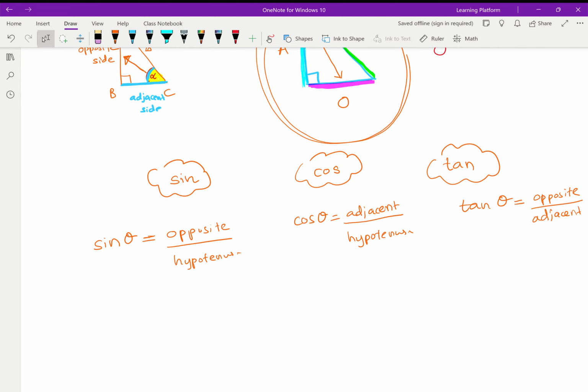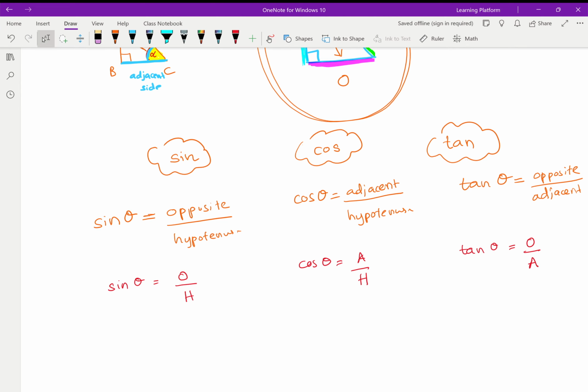Okay, so I will write it like this. Sin theta is O over H. Cos theta is A over H. Tan theta is O over A. So in your book or in your school you might have learned this shortcut method, SOH CAH TOA.